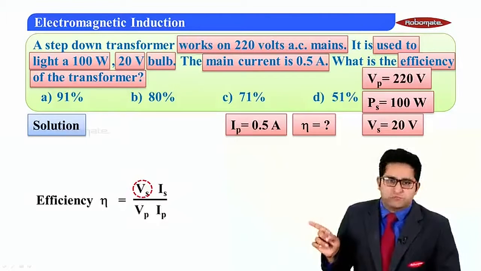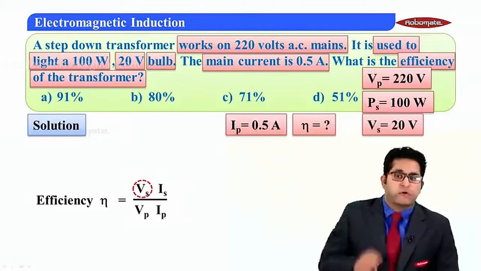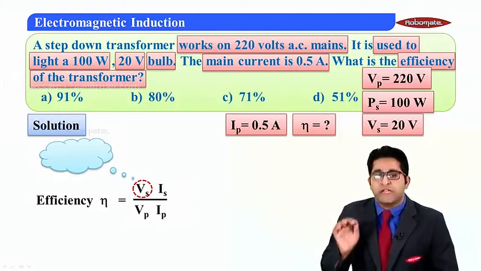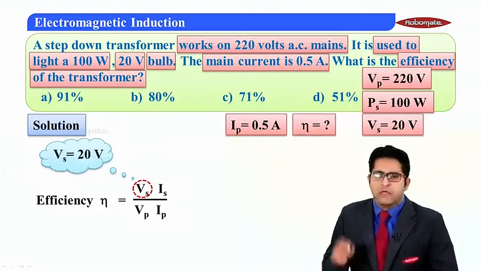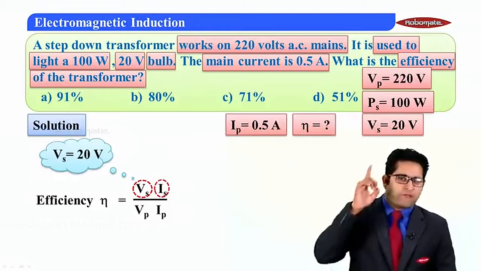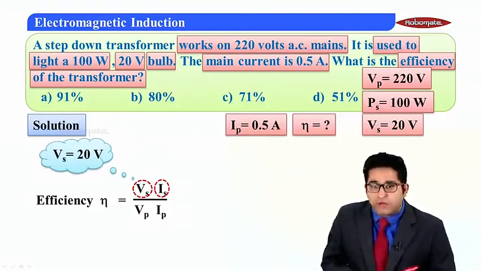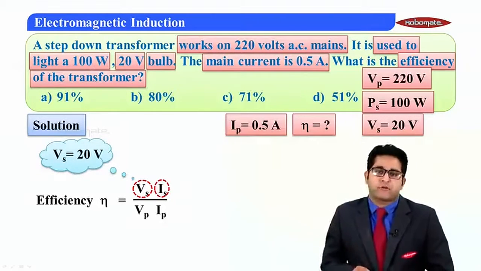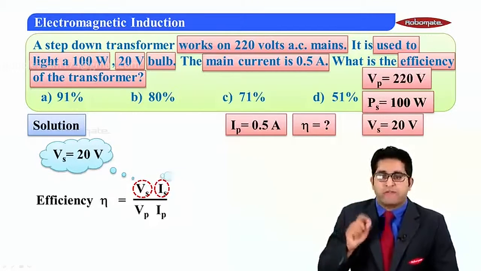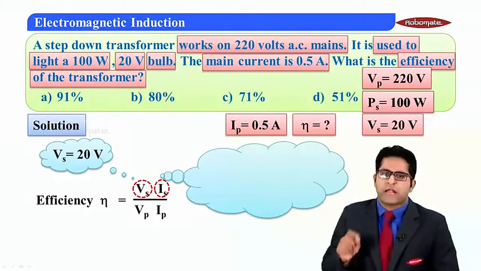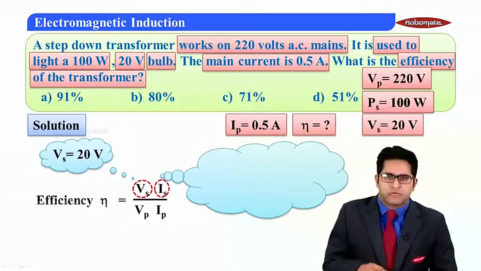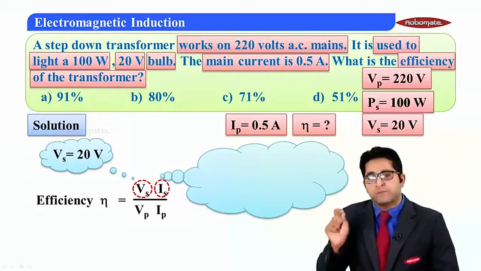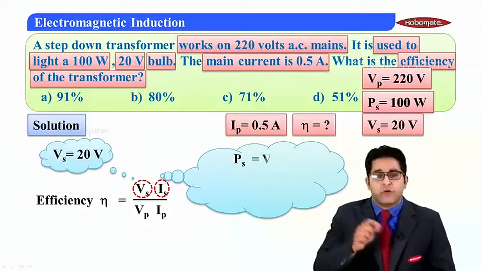Now see carefully. Do we know value of VS? Yes, VS is equal to 20 volts. Do we have value of IS? No, we don't. But we can calculate the value of IS by using PS and VS. We know that power is given by voltage into current. So secondary power PS is equal to VS into IS.